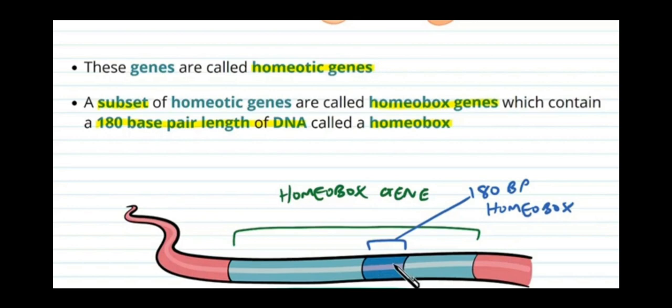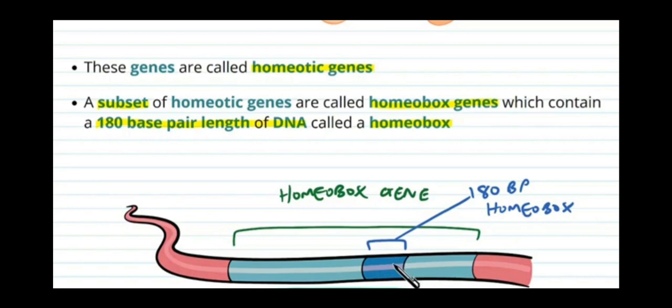So this homeotic gene is said to be responsible for the formation of certain shapes in the organism, and these homeotic genes contain a subset, and this subset is called the homeobox gene, which is represented by light blue color.